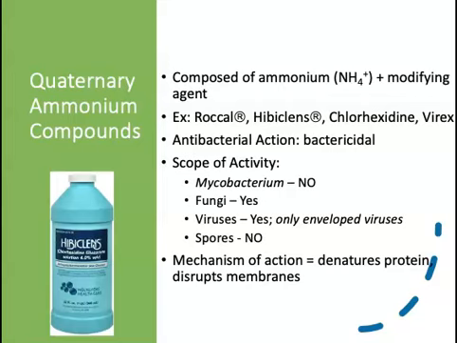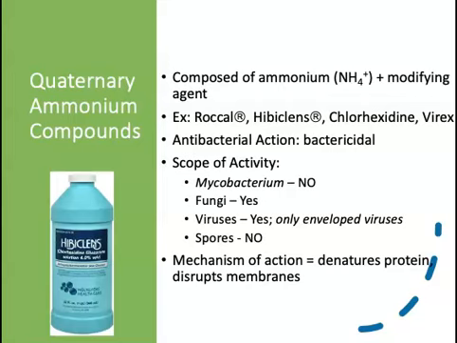The last group of chemical disinfectants is the quaternary ammonium compounds. These are compounds that are composed of an ammonium ion and what's called a modifying agent. Again, these agents that get added in to these chemical solutions are designed to make whatever the active ingredient is more effective.